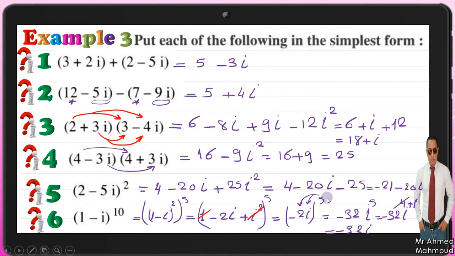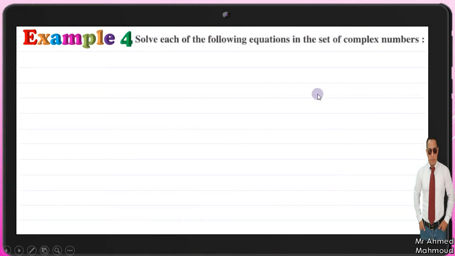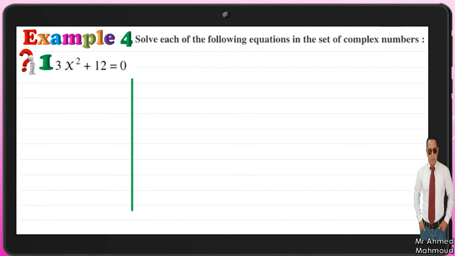Now let's solve example 4. Solve the following equations in the set of complex numbers. Now, in the complex numbers, we have included the real and the imaginary numbers. Okay? It gives you the flexibility to solve any equation. Now to solve this equation, I'm going to send 12 there with minus.